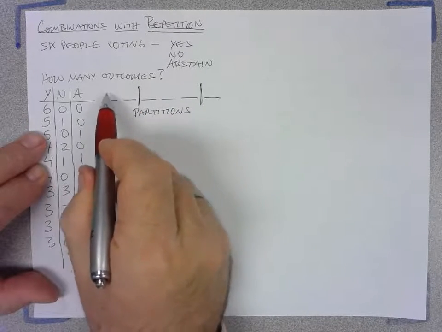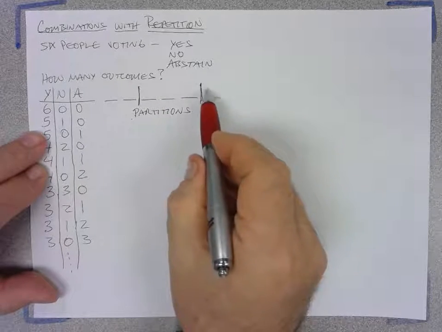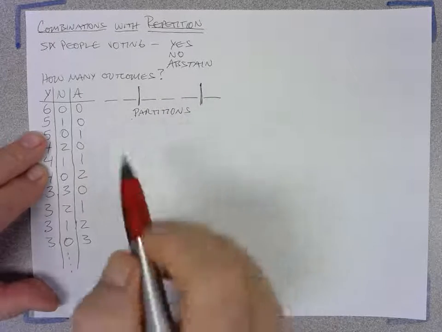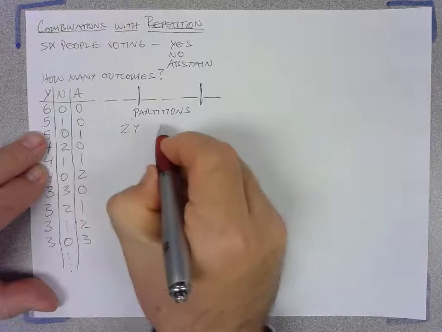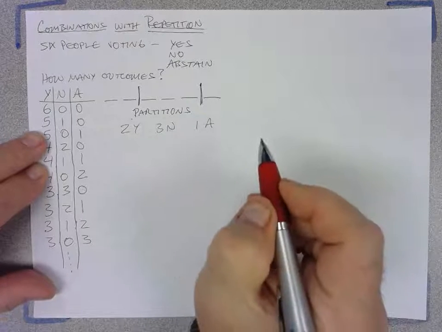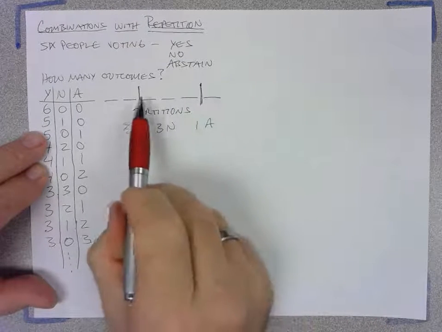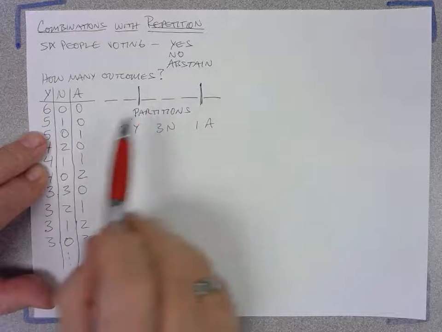If we let the first group be the yeses, the second group be the no's, and here would be the abstain, these partitions here would be indicating 2 yeses, 3 no's, and 1 abstain. Well, it only took 2 partitions to divide this into 3 groups.